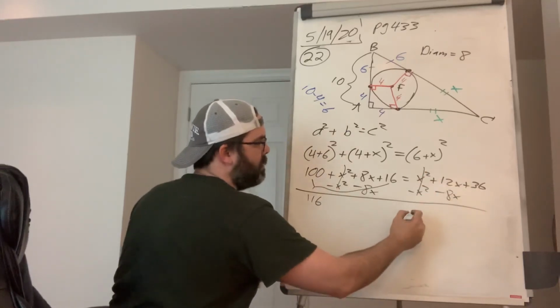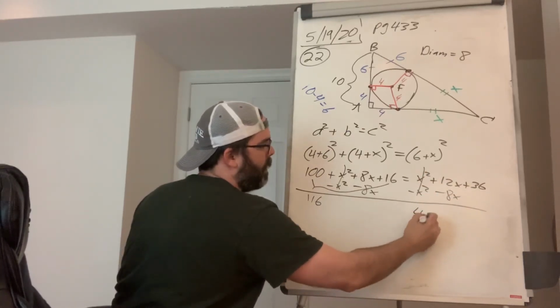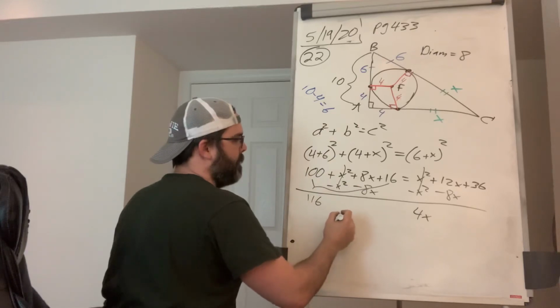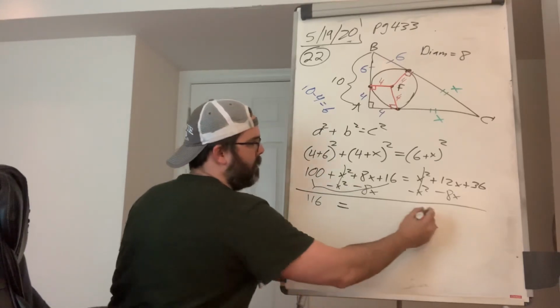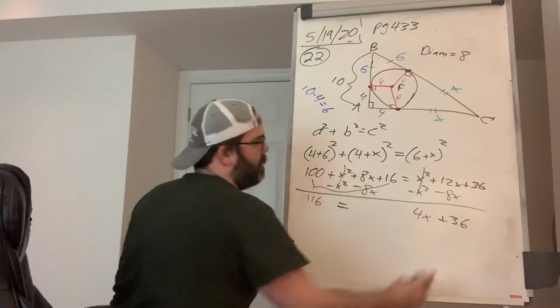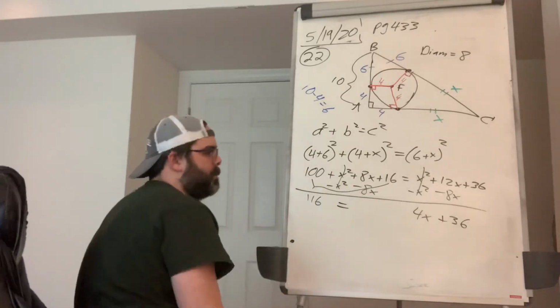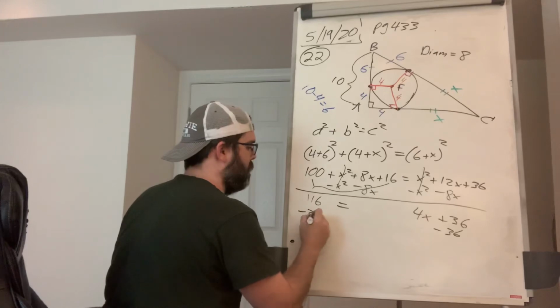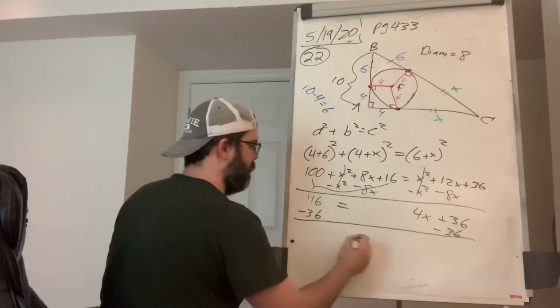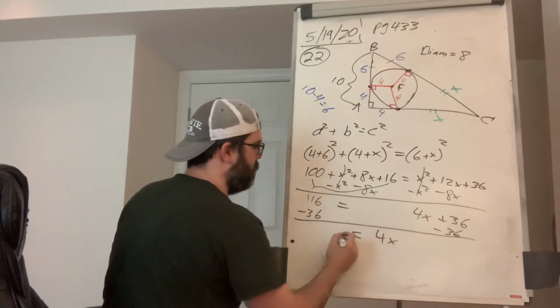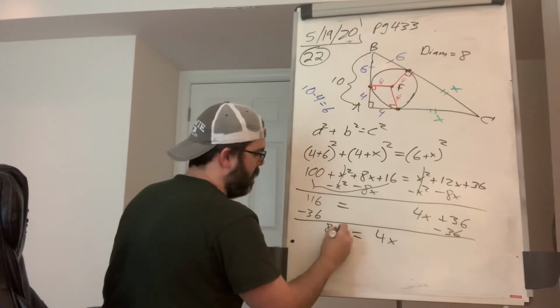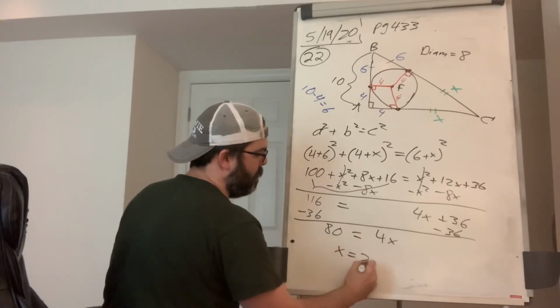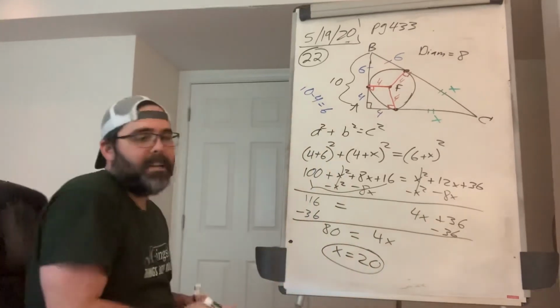And I get 4x. Okay. Now I'm going to subtract 36 from both sides. And I get 4x equals 80. So x equals 20. Okay, so I found the value of x.